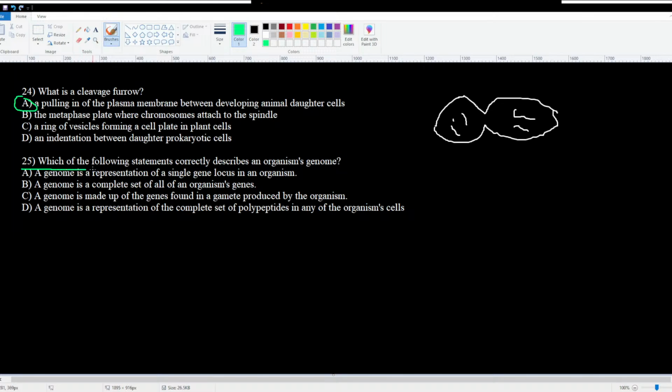And once again, this is kind of a vocab question. A genome. I don't think we really went over what a genome is, but which of the following statements correctly describes an organism's genome?